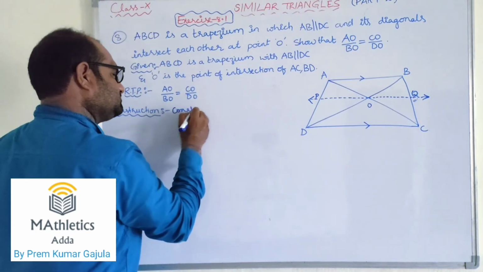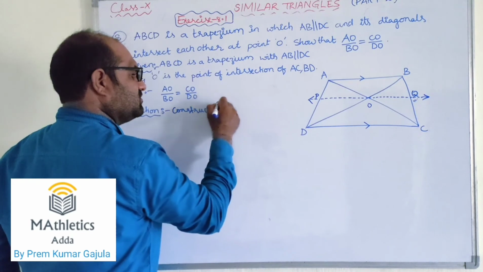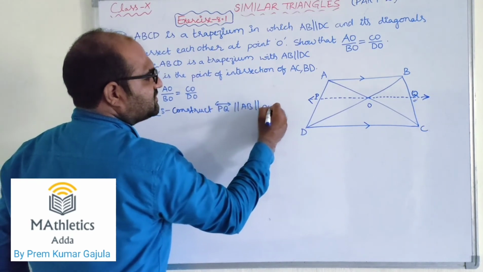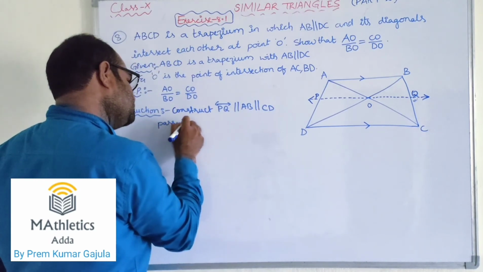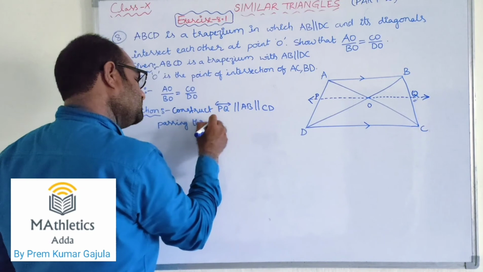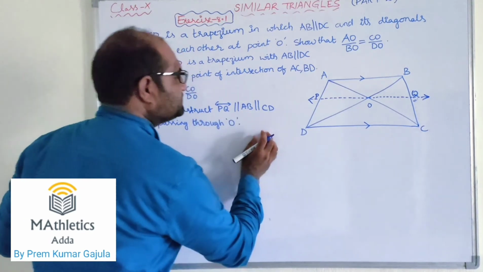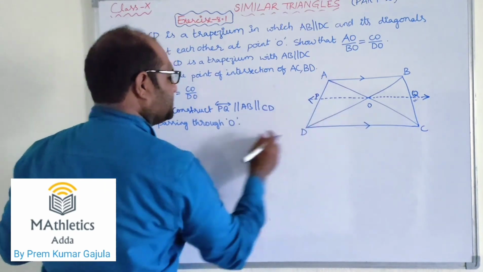Construct PQ parallel to AB and parallel to CD passing through O. Okay. Next, consider this triangle. Okay, ADC triangle, consider.